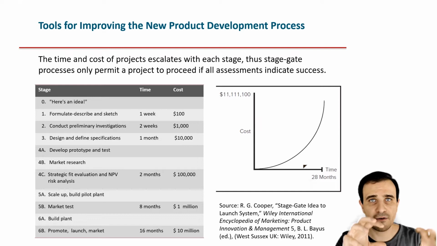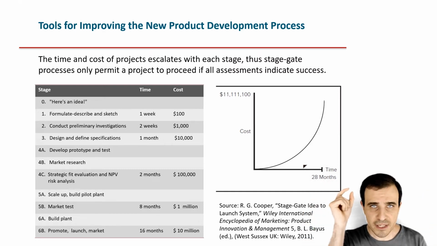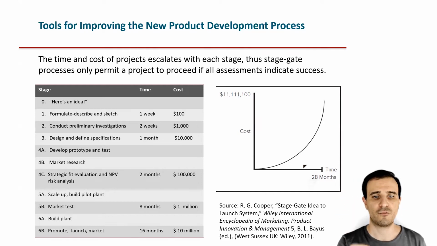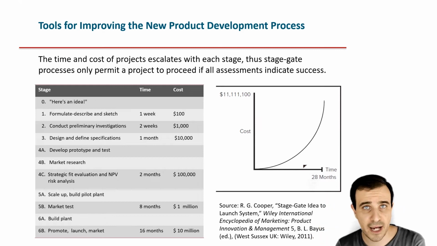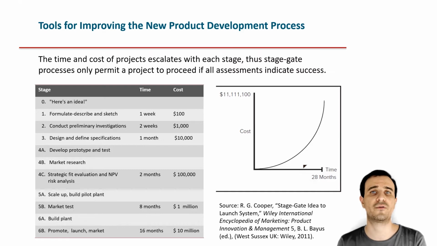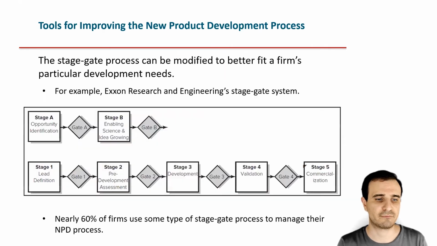The good point here is that we do not have just an overall budget, $1 million, $10 million, but we have a specific budget for each stage, which means that we don't waste resources, because we can control the project stage by stage, step by step. And if a project doesn't meet the requirements, then we can kill the project. Of course, the remaining budget will not be utilized for this product development, but can be allocated to a different alternative project.